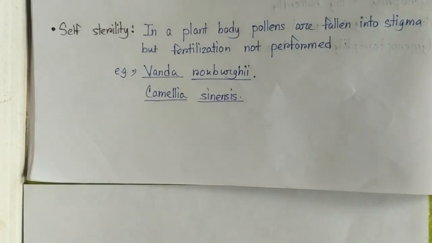Self-sterility. We all know sterility means not being capable of performing the reproduction mechanism. So in case of a plant body, pollens fall onto the stigma, but fertilization is not performed.